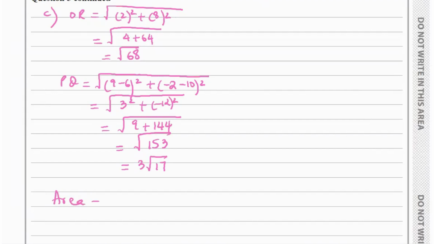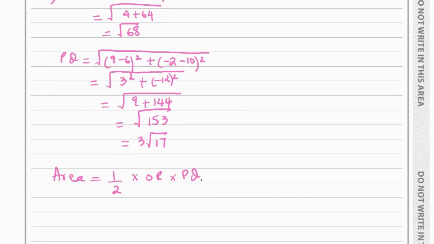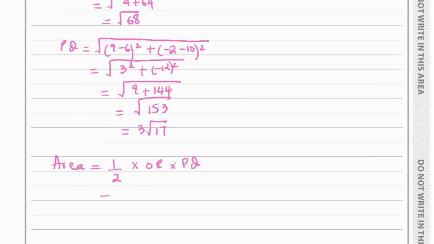Area is going to be 1 over 2 times OR times PQ. Like we said, OR is the height and PQ is the base. So that's 1 over 2 times root of 68 times 3 root 17. Root 68 can be rewritten as 2 root 17, so replace that.